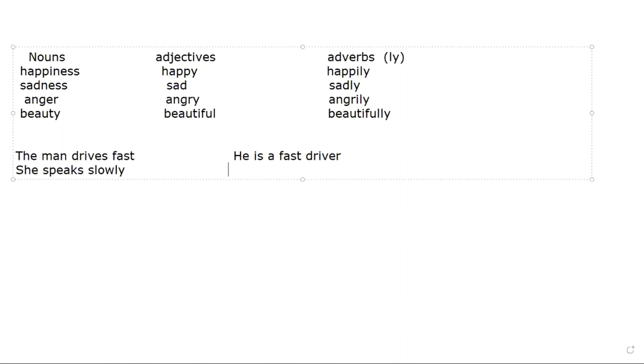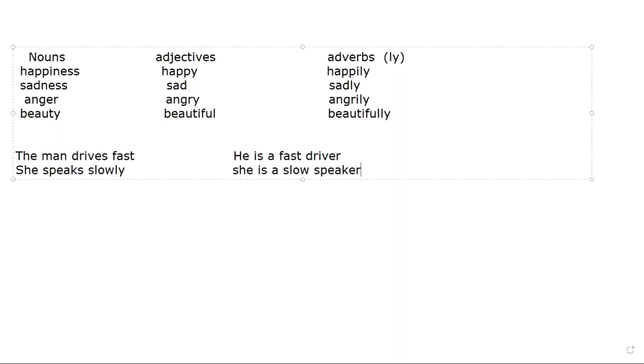Now, if you say she says slowly, she's a slow speaker. So this is like when you say she is a slow child or he is a slow driver.